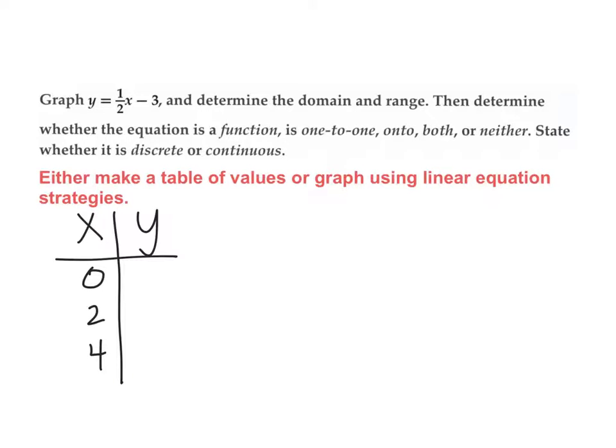What is x getting multiplied by in our equation? 1/2. 1/2 x means 1/2 times x. So every time I take an x value and plug it in, it's going to get multiplied by 1/2. If I were to take an odd number and plug it in here and multiply it by 1/2, it's always going to be a fraction.